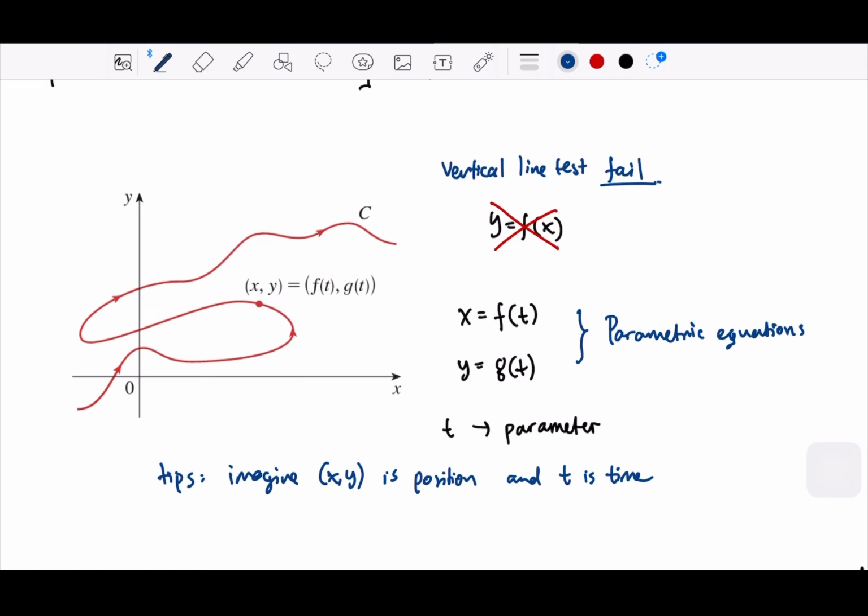So there's a direction. There will be an arrow indicating the direction along the curve.